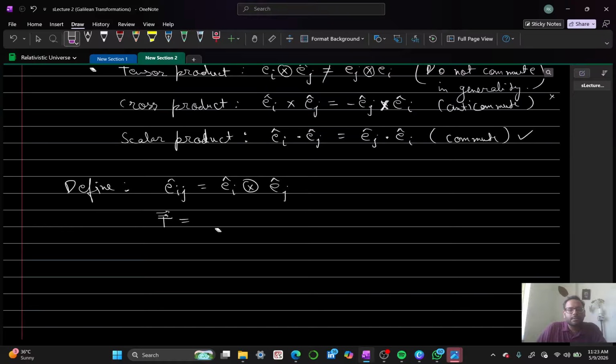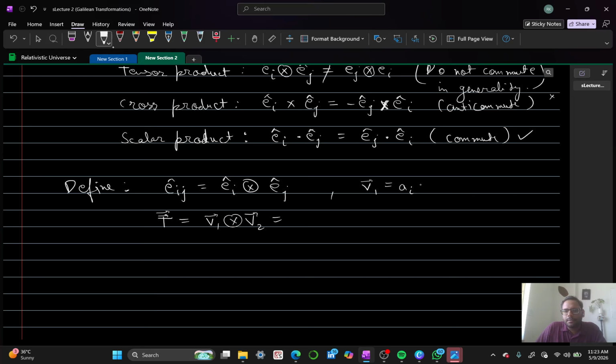What was our tensor in vector form? It was the tensor product of v1 and v2.